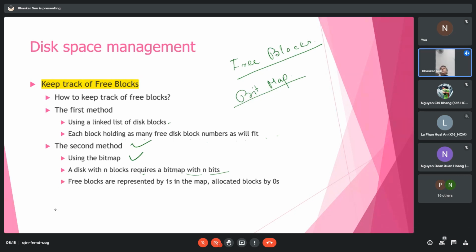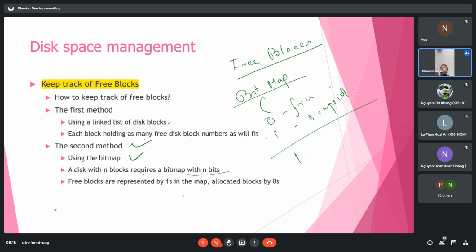The concern here, which I pointed out when we were talking about bitmaps in memory management, especially in the memory abstraction part: we had a bitmap with zeros and ones, 0 for free and 1 for occupied.